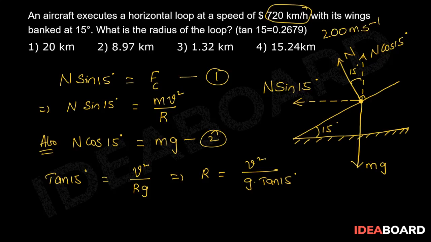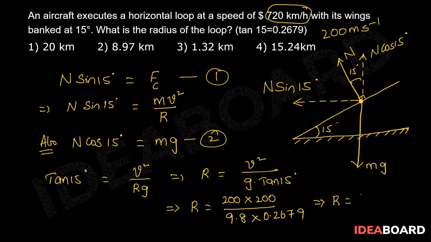Therefore, substituting those values here, we get r equal to 200 multiplied by 200 upon g value 9.8 meter per second square multiplied by tan 15 degrees, which is given as 0.2679. On simplification, we get r value equal to 15.24 kilometer. Therefore, the correct option is 4.